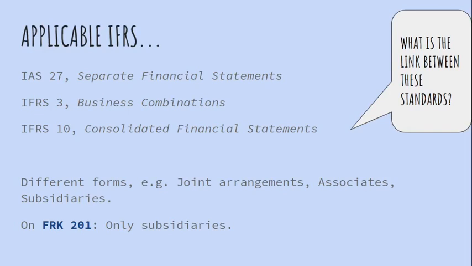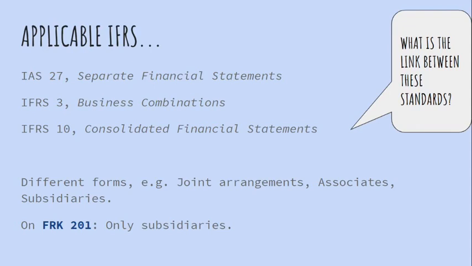The one I want to look at now is control, which we'll unpack a little bit later. If you have control over one or more businesses, you have a business combination and you have to follow IFRS 3. IFRS 10 prescribes the accounting treatment of the consolidated financial statements and specifically gives the definition of control.